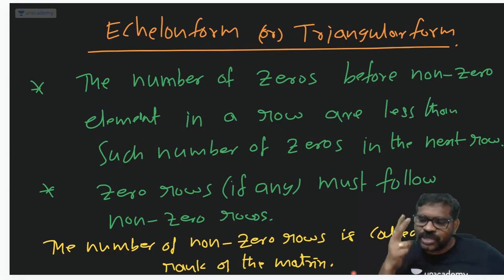There are two types of echelon forms. One is row echelon form, another one is column echelon form. 90% of entire matrix theory depends on row echelon form. System of equations, eigenvalue problems, all the problems are discussed on row echelon form. For rank, better to go for row echelon form. Okay? Now, observe.